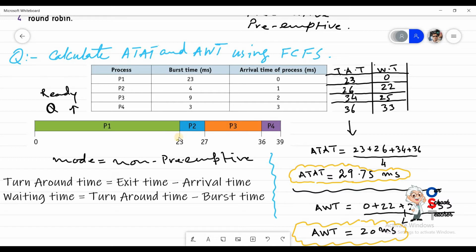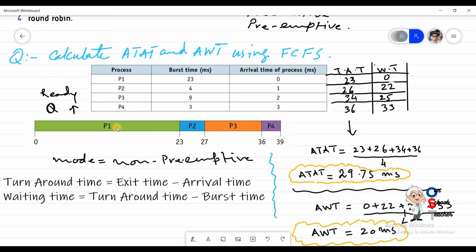Until it is complete, although other processes also have come in the queue, first it will be completed, then other processes will be given time. Then P2, which is on second number, is given time, and it will take 4 milliseconds to be completed. Then P3 has come, and similarly P4 has come.